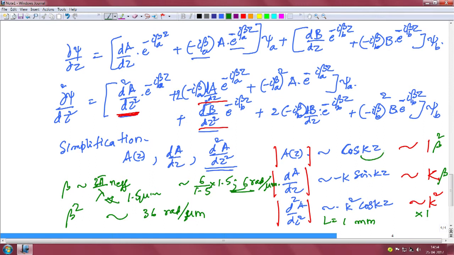So k into L, the periodicity, is typically pi, so k is of the order of pi by 1 millimeter, which is of the order of 3000 per meter, which multiplies this beta.